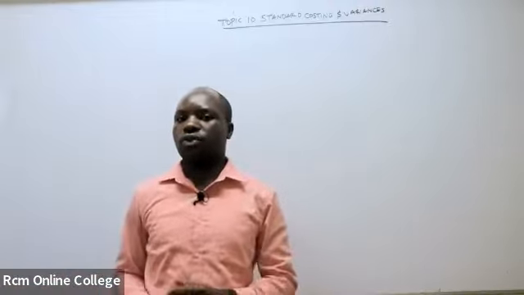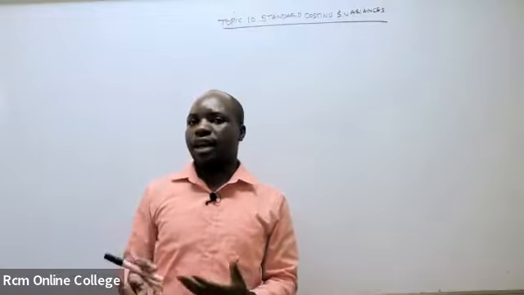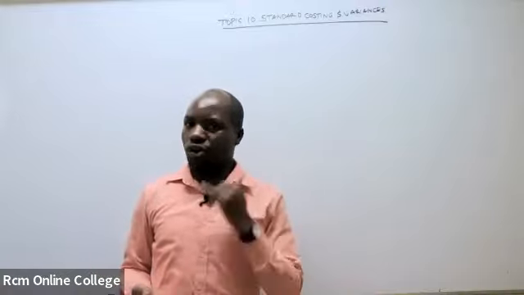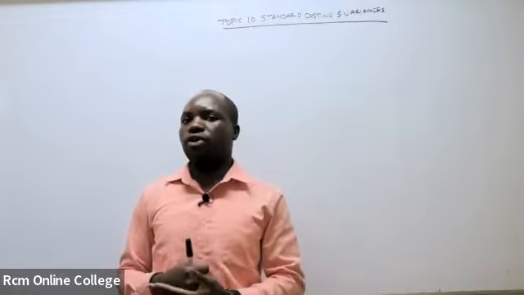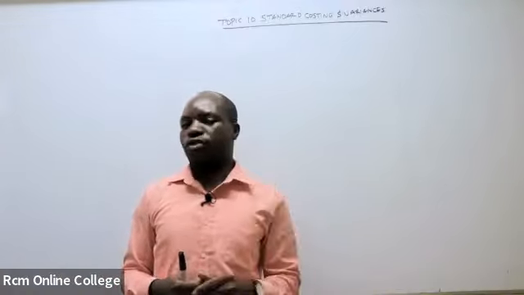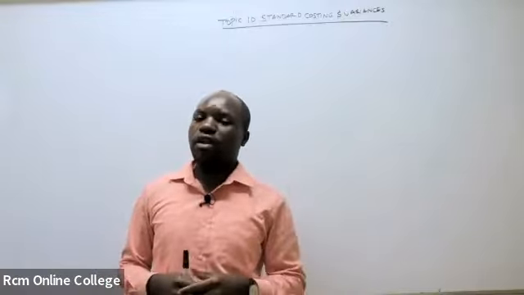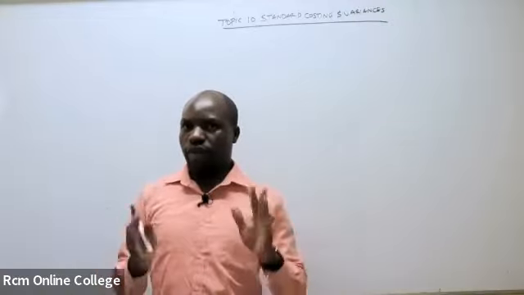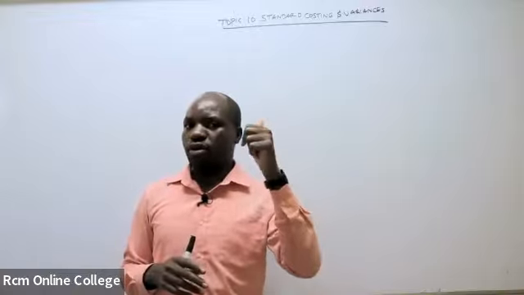Then the actual results were to be compared with the budget to check whether you've actually incurred the exact amount that was budgeted, you've incurred less, or you've incurred more than what you actually budgeted for. So for you to get the variance, the difference between actual results and budgeted results, the two must be there. That is budgeted results and actual results.